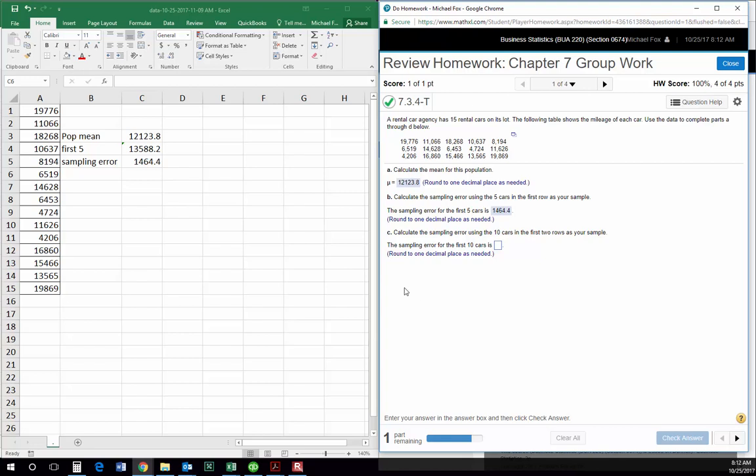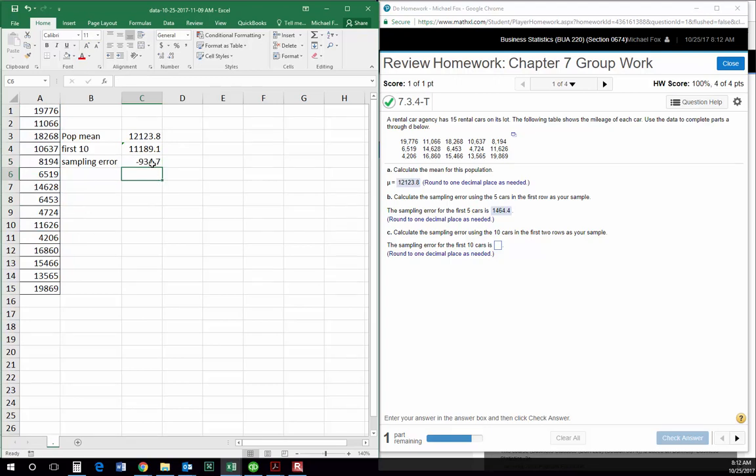Next we have calculate the sampling error using the first 10 cars. So I'm just going to change this to first 10 and change this to the first 10.